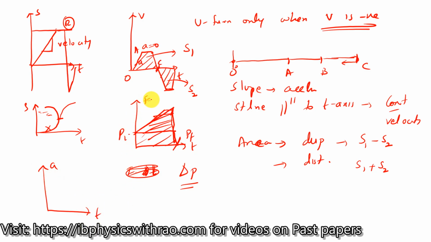I can write F equal to M into A, so A would be F by M, and M is a scalar here. If the FT graph area gives you delta P, then for the AT graph it should be divided by M. Area by M will give me delta V. So the area under the AT graph will give you delta V. Okay, let us move on to the next one.